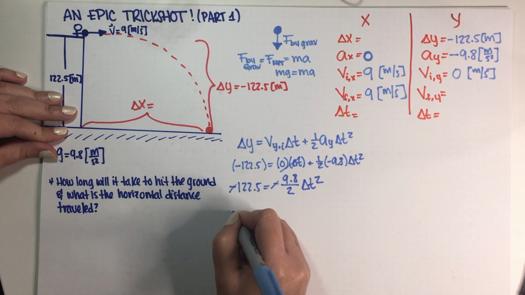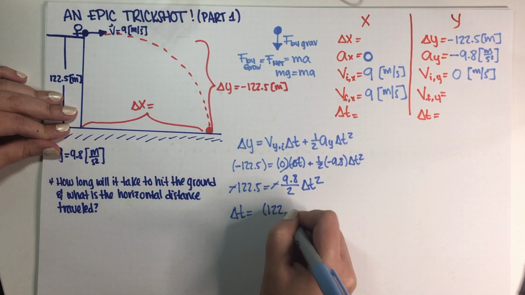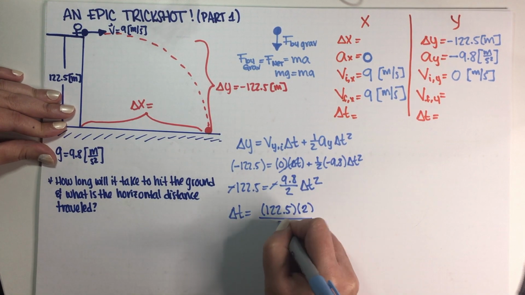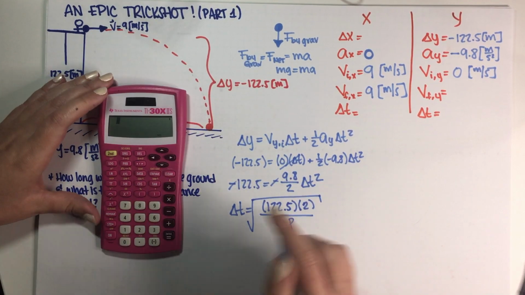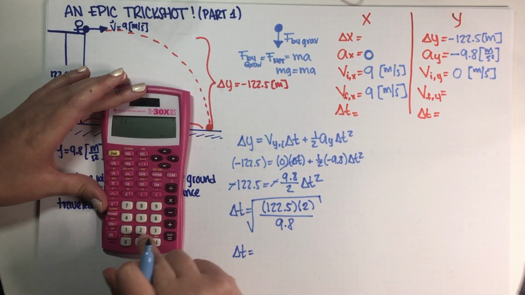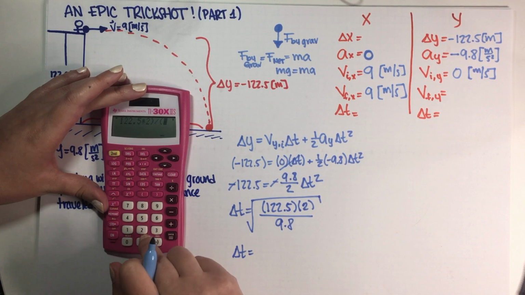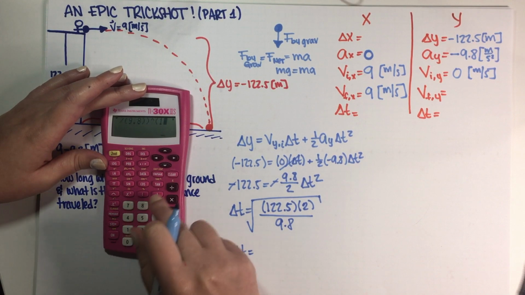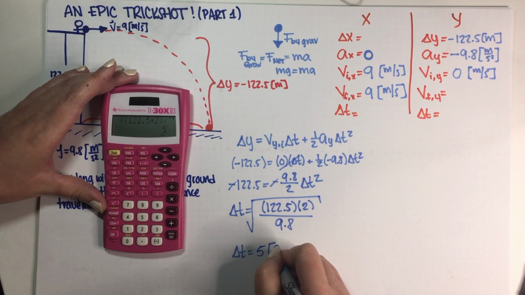Negatives go away, and delta t is equal to 122.5 times 2 divided by 9.8, take a square root. Let's put this on a calculator. 122.5 times 2 divided by 9.8, and then take a square root, and this is equal to 5 seconds.